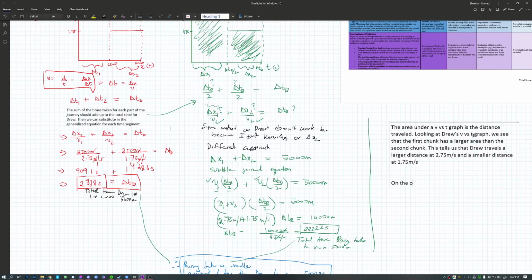But on the other hand, Barry travels equal distances at 2.75 meters per second, and did I mix these people up? I did, didn't I?